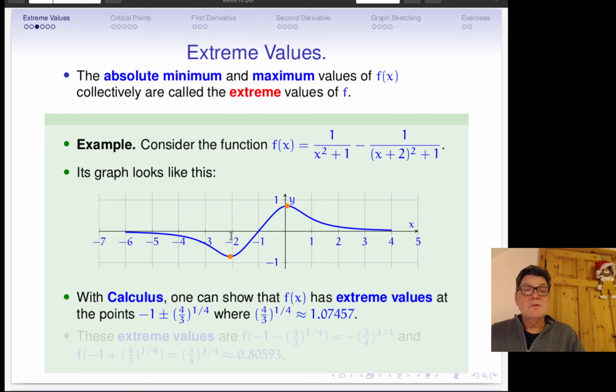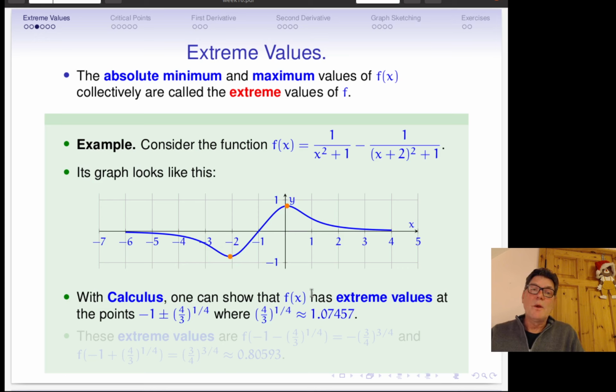With calculus, and we'll see how you do this, one can show that these extreme values actually lie at the points -1 plus or minus the fourth root of 4 over 3, where this fourth root of 4 over 3 is approximately 1.07. So this is a bit to the right of 0, the maximum, and the minimum occurs a bit to the left of -2.